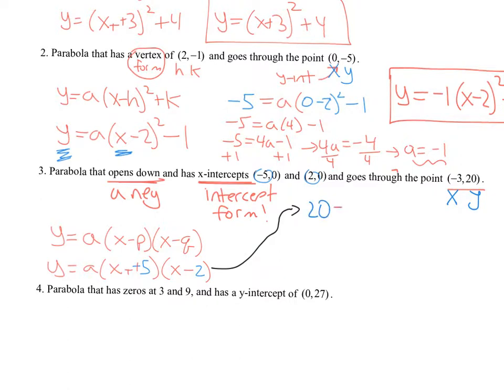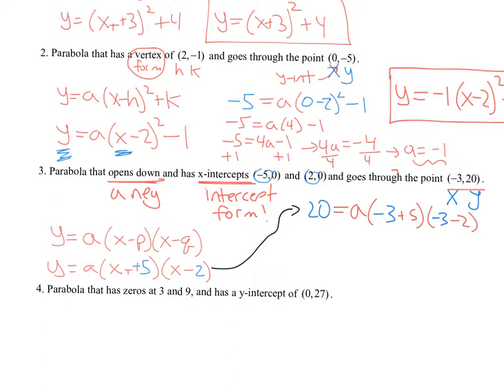equals a, because I don't know that yet, times x, or whoops, not x. What am I going to replace x with? Negative 3, the x value there, plus 5. And then replace the other x with also negative 3, minus 2.